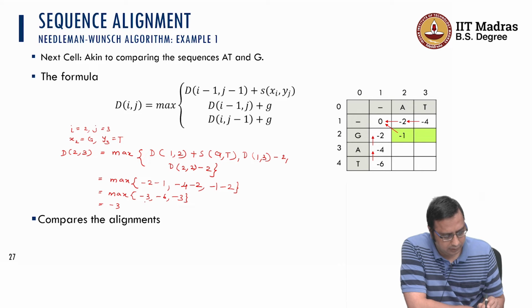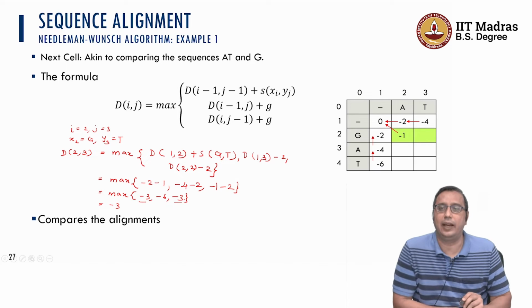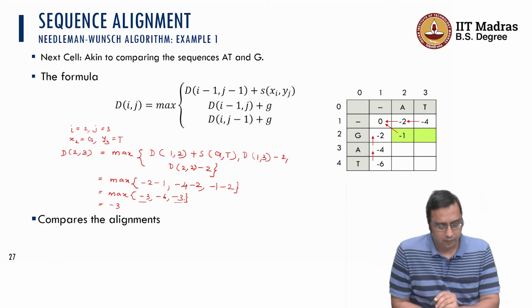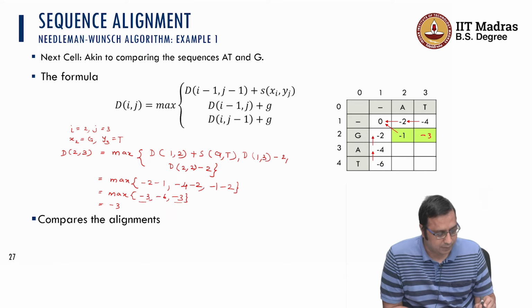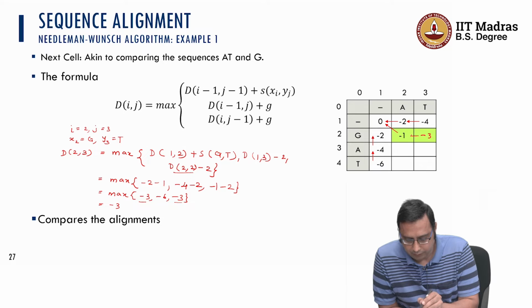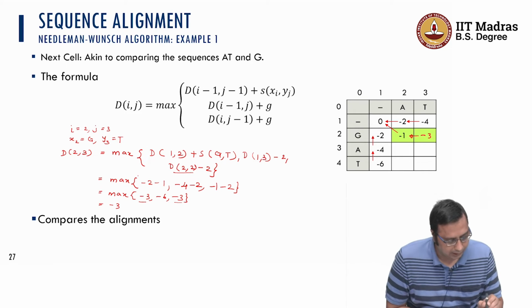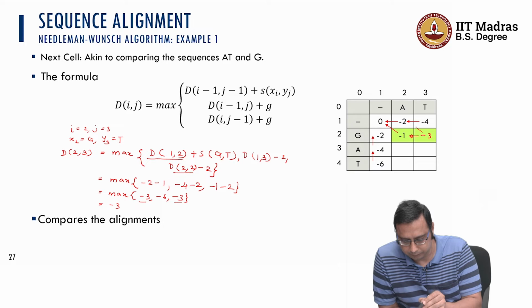Now you realize that there are two computations that lead to minus 3, and for that we have to put the value of minus 3, and then trace back where this value is computed from, which cell contributes towards minus 3. If you look at it, cell D22, so there will be an arrow from here, as well as D12, which is this arrow.